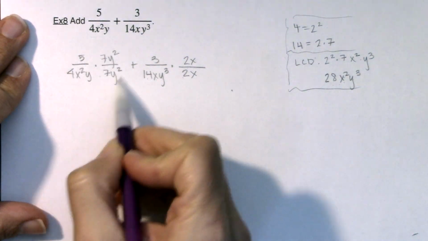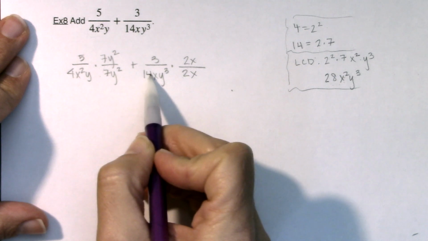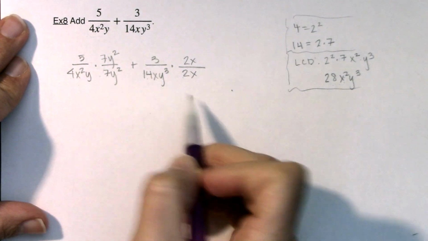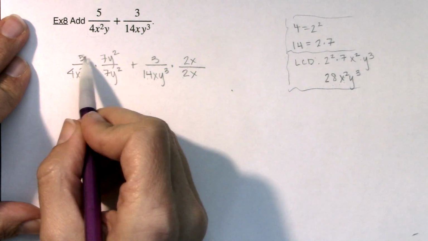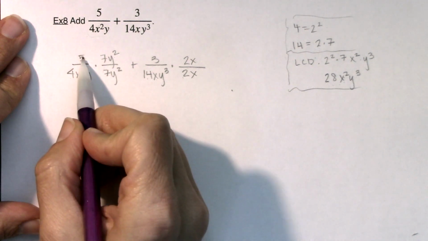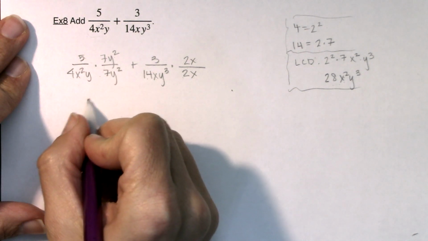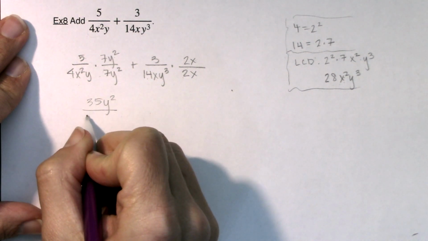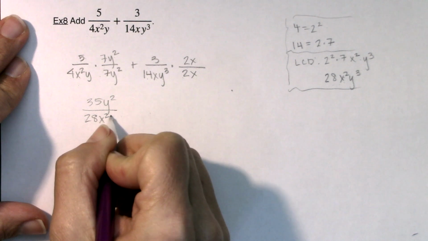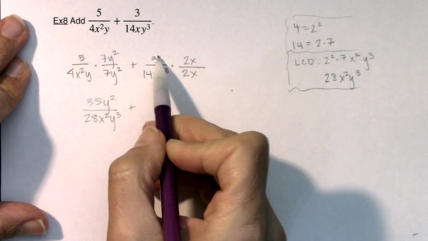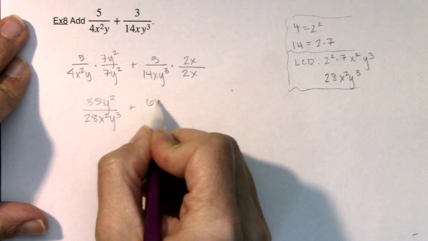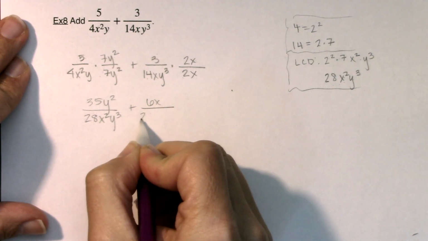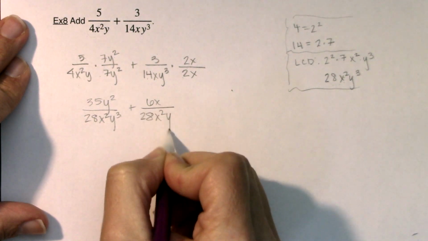All right, then it's PEMDAS. I'm going to do this product first, this product. I'm going to do the multiplication first, and then I'm going to add. So when you multiply fractions, you multiply numerators, multiply denominators. So 5 times 7y squared is 35y squared. We know our common denominator is 28x squared y cubed. 3 times 2x is 6x, and we have our common denominator of 28x squared y cubed.